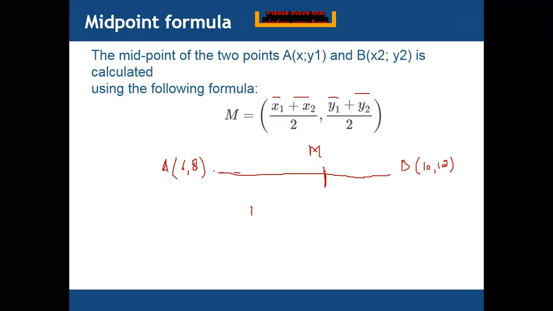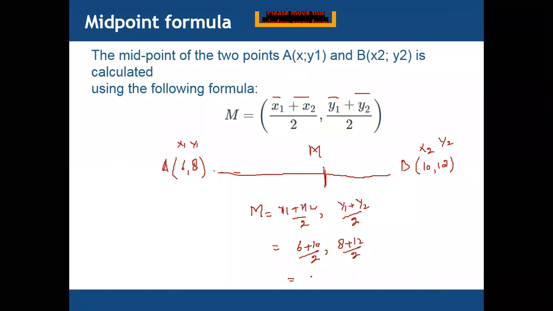Midpoint formula. Midpoint is equal to x1 plus x2 divided by 2 and y1 plus y2 divided by 2. Let's suppose this one is x1 and y1, and these two are x2 and y2. So x1 is 6 plus 10 divided by 2 and 8 plus 20 divided by 2.